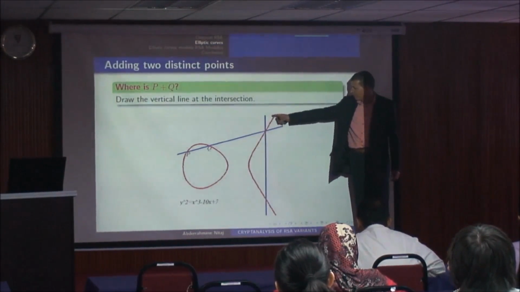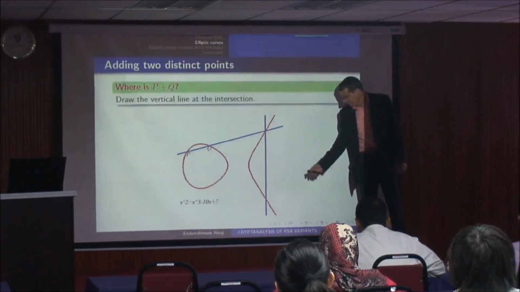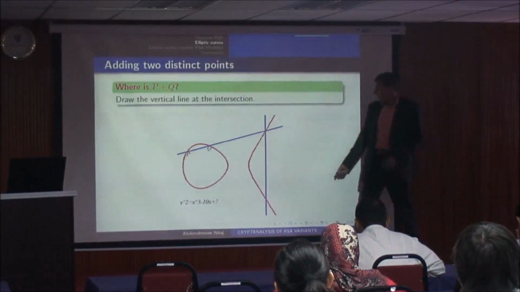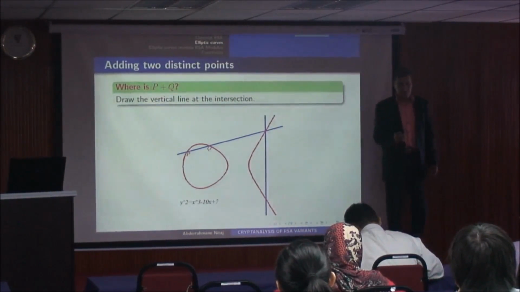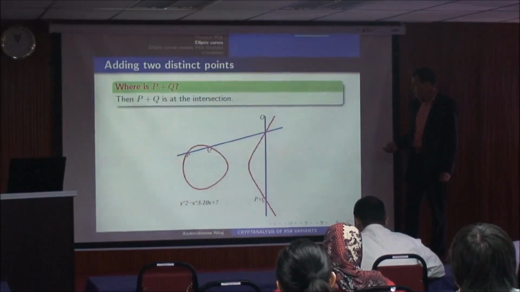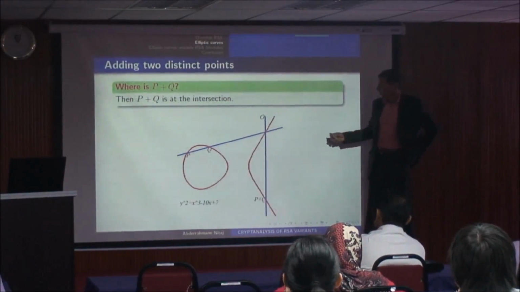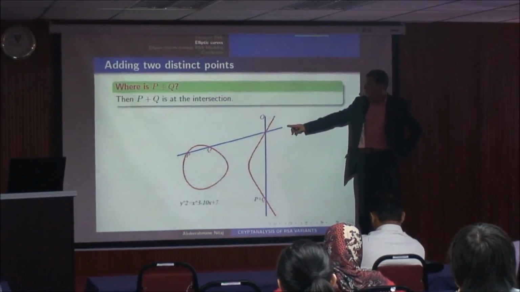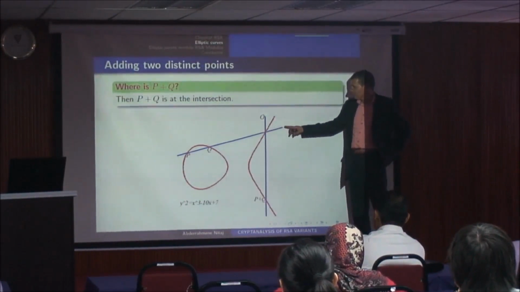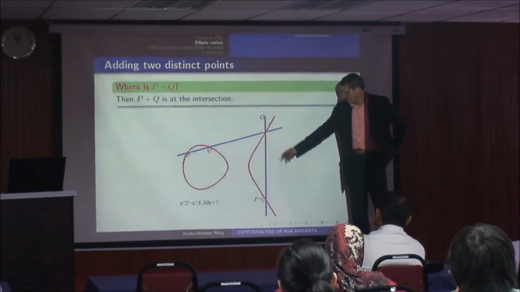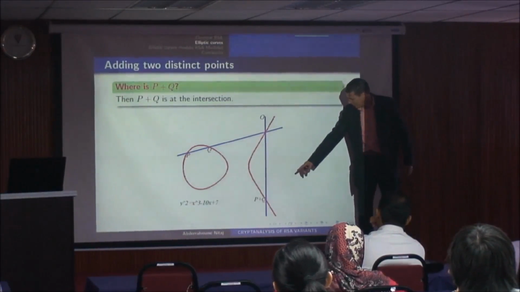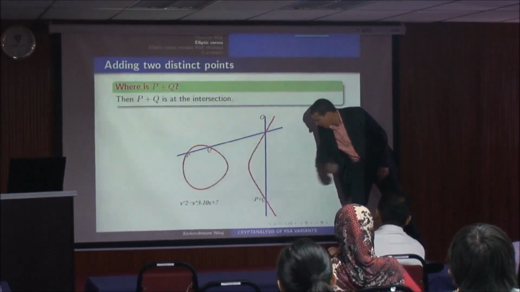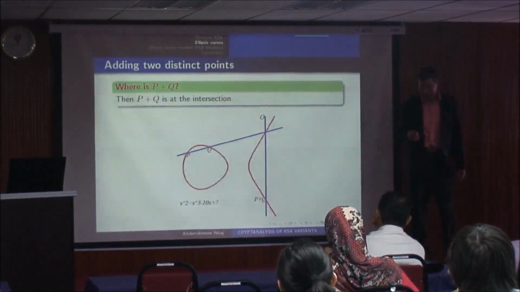When we draw the vertical line, we find another point, and this other point will be P plus Q. So P plus Q can be found by using the line through P and Q, and also the vertical line. And in this equation, we get that the point P plus Q is in this place.